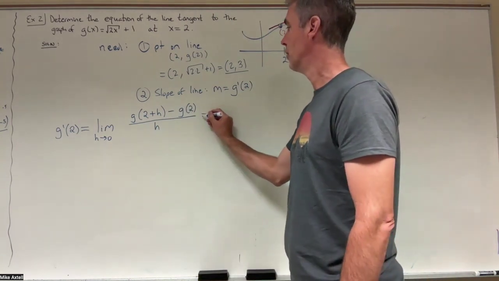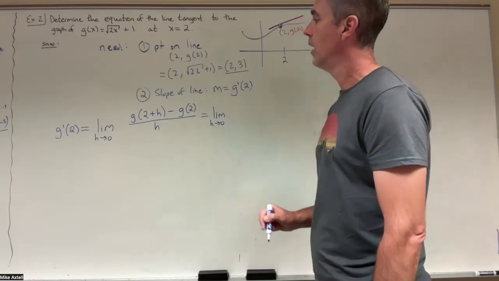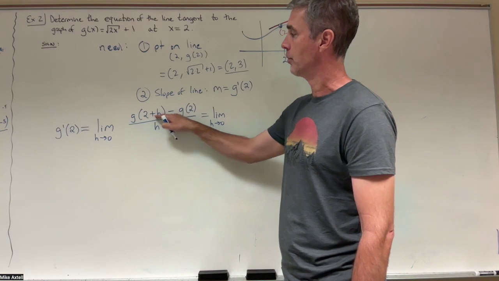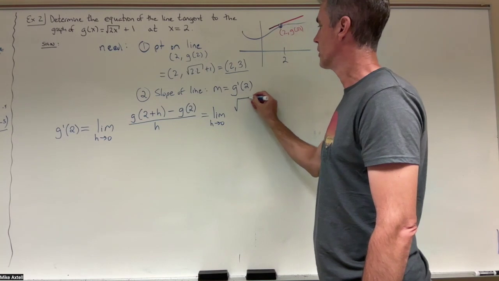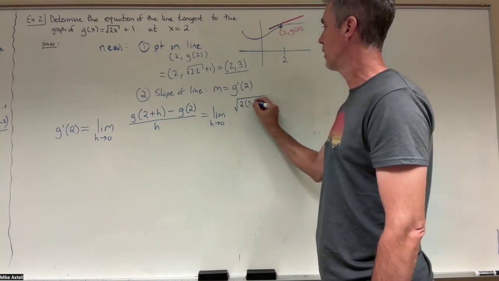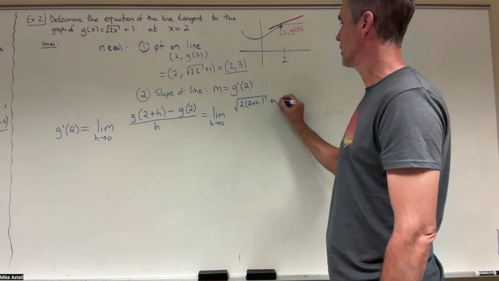Now I'm going to get my function moving on here. I'm going to take my function g, and every x is going to get replaced by a 2 plus h. So here's my function g. It starts with the square root of 2 times the x, and that x is going to get replaced by a 2 plus h. And then I have a square root plus 1.